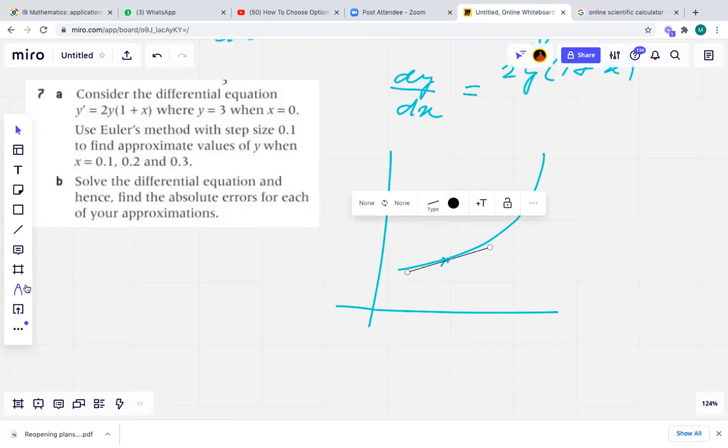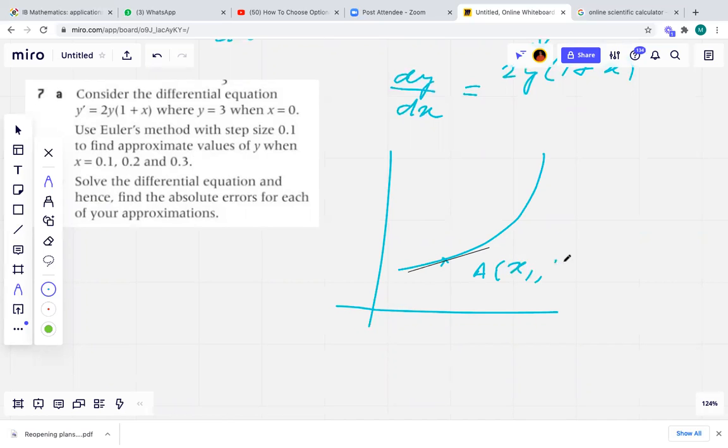Suppose this is my point x1, y1, point A. At this point, this is my tangent. dy by dx is the gradient. My gradient is dy by dx.